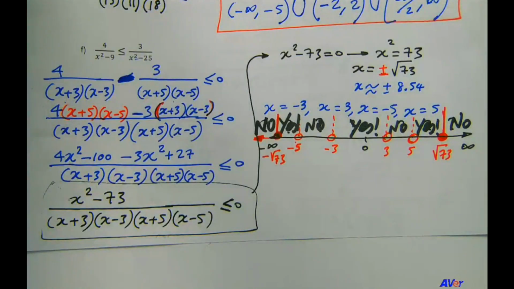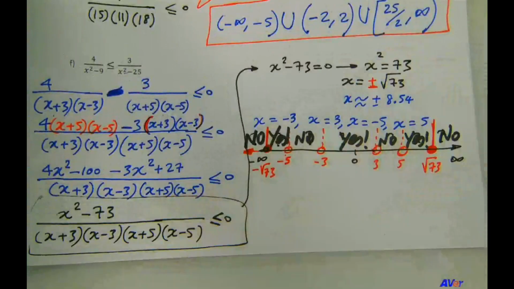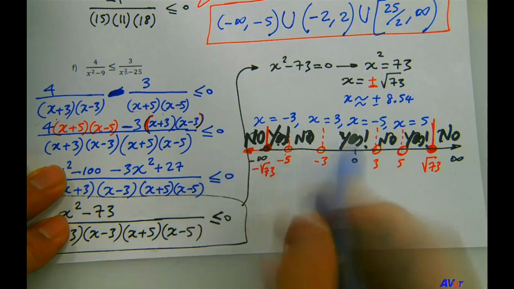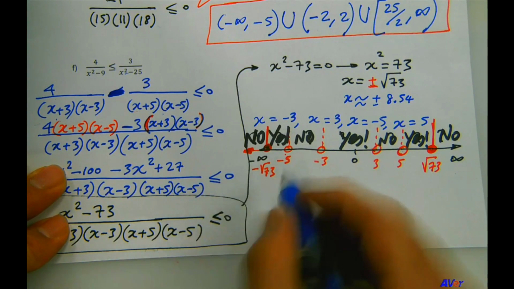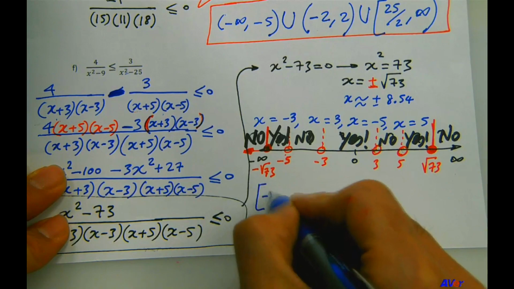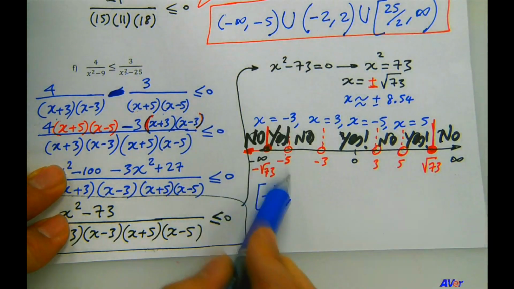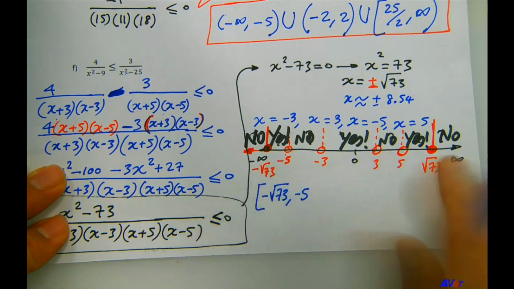Okay, so now we can write down the final solution using the interval notation. So here we have from bracket, right? Because negative square root of 73 is part of the solution. So negative square root of 73, comma, to negative 5, but negative 5 cannot be part of the solution.